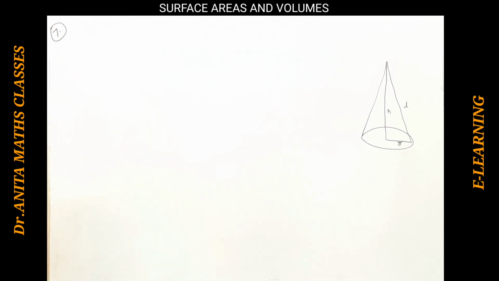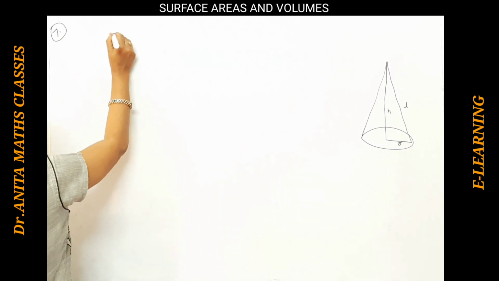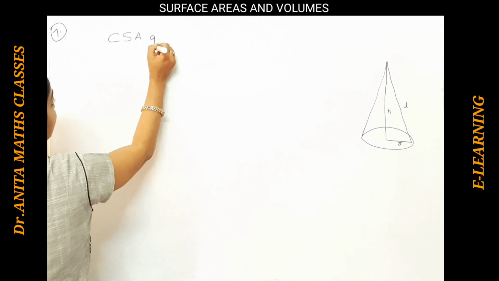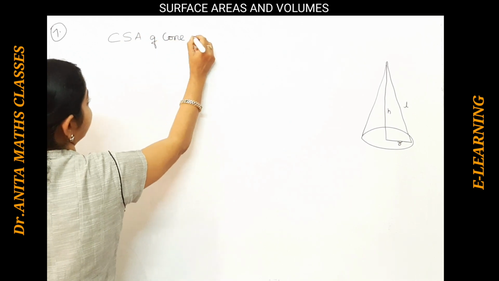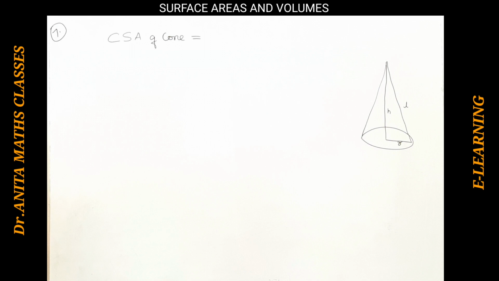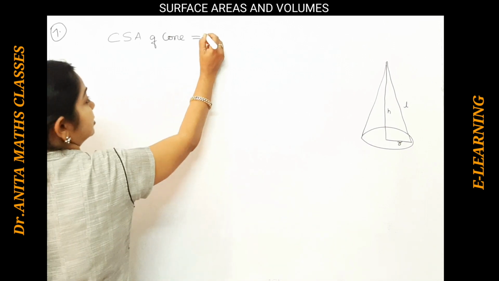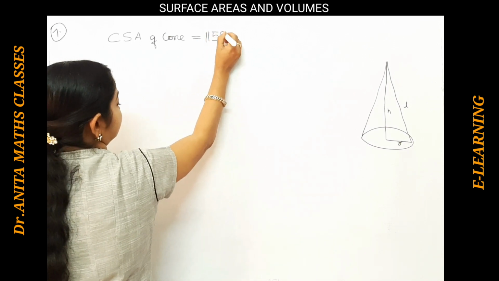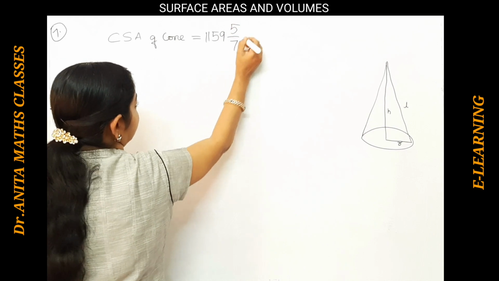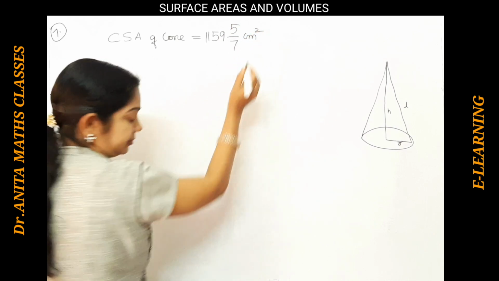This is the seventh problem. The curved surface area of the cone is given in the form of a mixed fraction, 5 by 7, centimeter square.